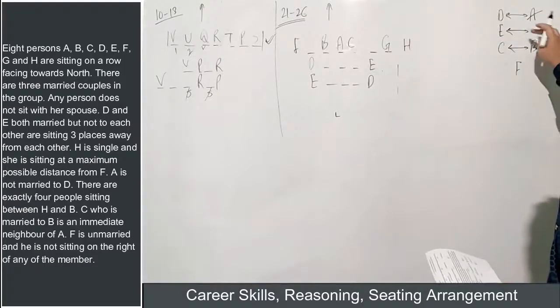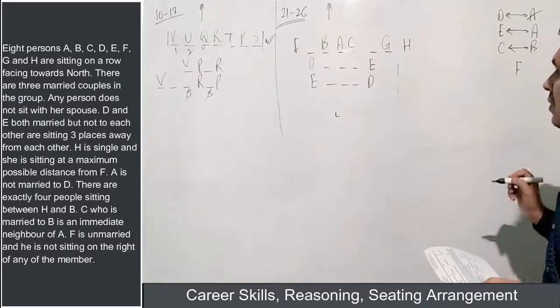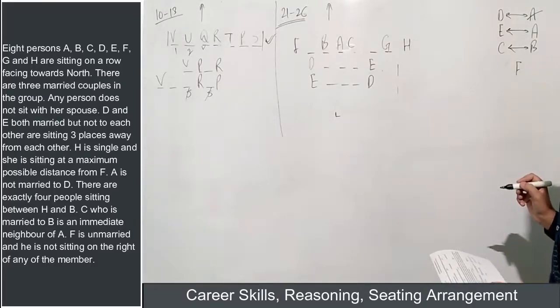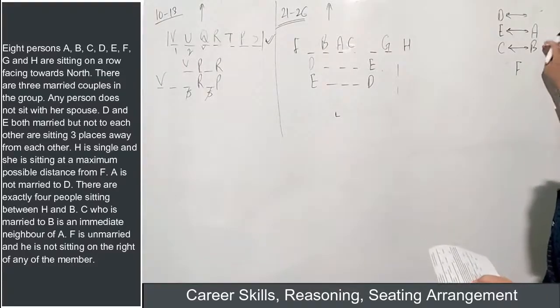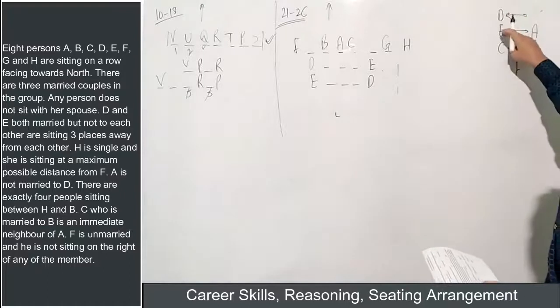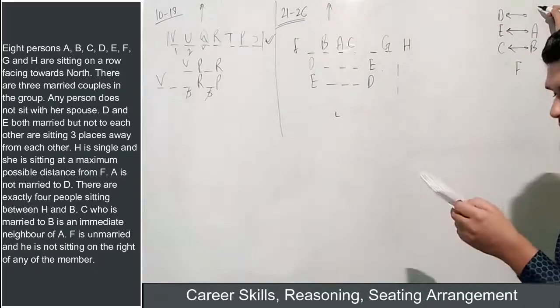What is remaining? A, so the spouse of A should be here, right? So if A is not here, A, B, C, D, E, F, G should be here, right?